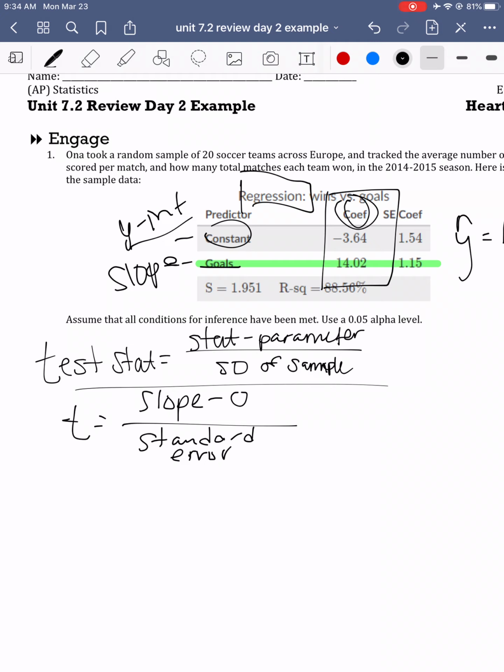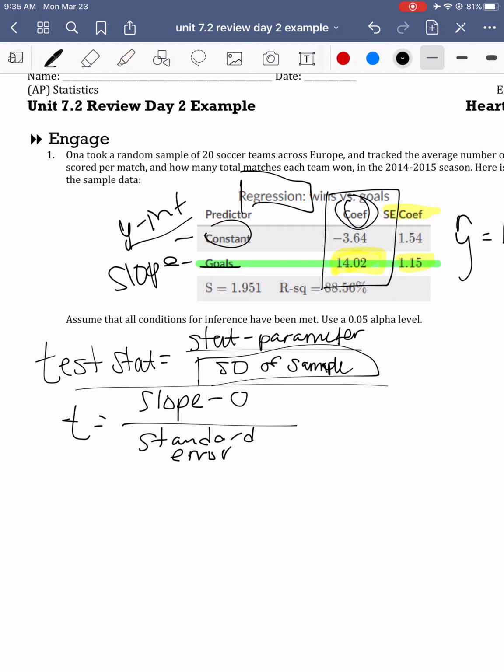Specifically, it's similar to the margin of error, and in this problem it's going to replace our standard deviation of the sample. If I were to actually do this problem, the only values that I need are the slope from the table, that is this value here that we already described, and then the SE coefficient, which stands for the standard error. This one here is going to be the value for our standard error.